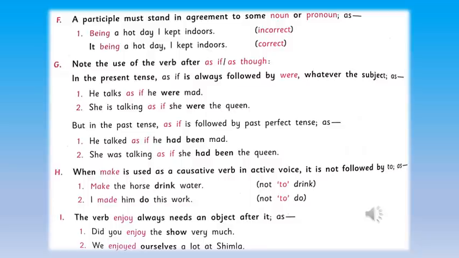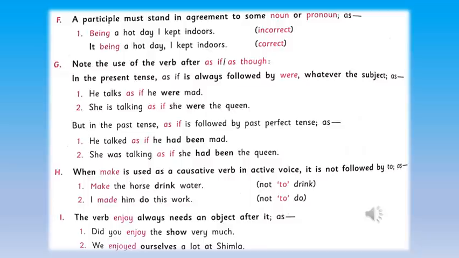Now, the third one on this screen. When "make" is used as a causative verb in active voice, it is not followed by "to." Okay, you know that: make the horse drink water. We never use "make the horse to drink." That is wrong.